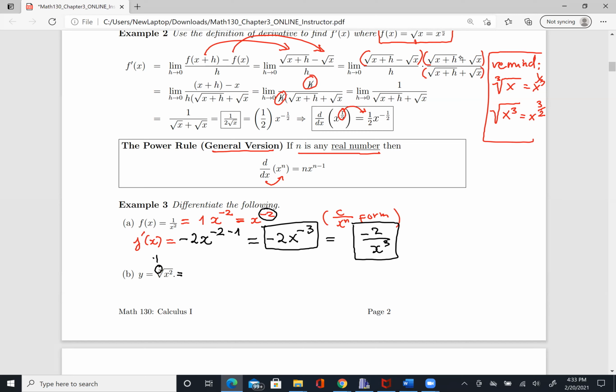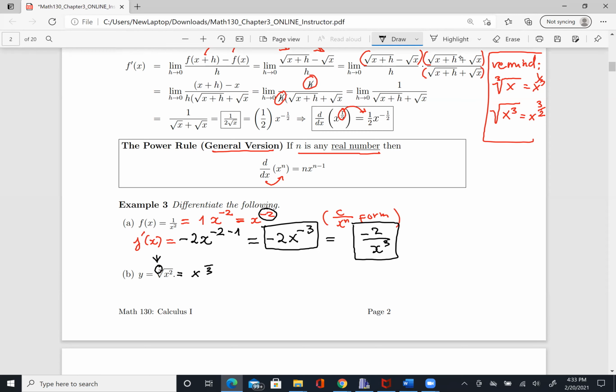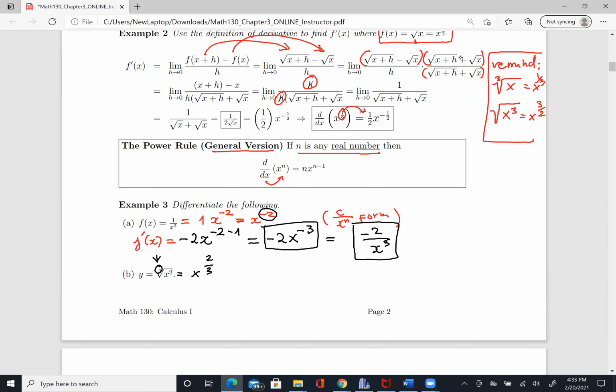So that's going to be the denominator of the power. So I'm going to change it to x to power something divided by 3. Okay, so the top will be number 2, because this 2 is not in the index. That is the rule. So I have now rewritten the function as a power form.